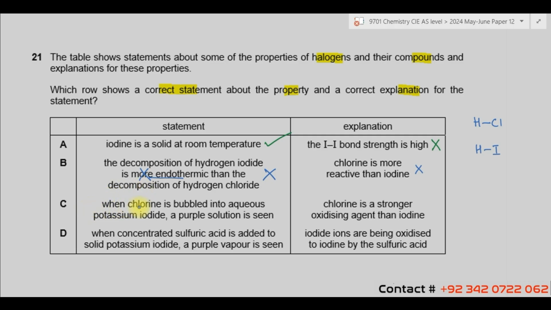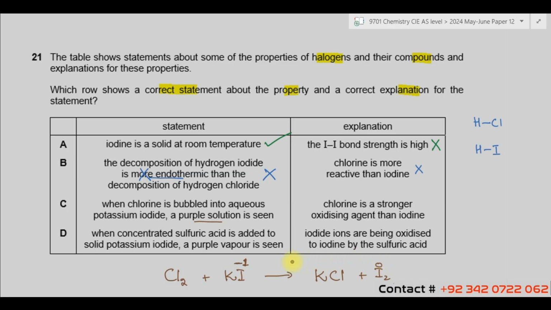Part C. When chlorine is bubbled into aqueous potassium iodide, a purple solution is seen. Alright, let's see. Chlorine is Cl2 and we have aqueous KI. As chlorine is more reactive than iodine, it can replace iodine to form KCl and I2. So iodide goes from -1 to 0.